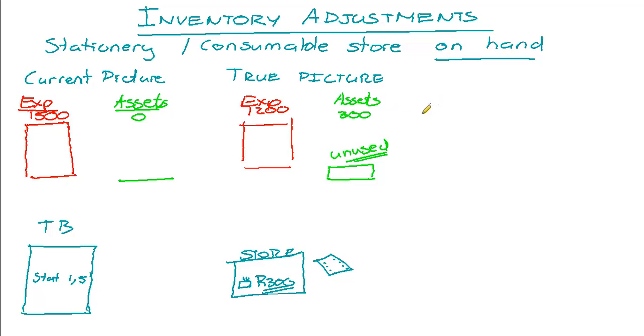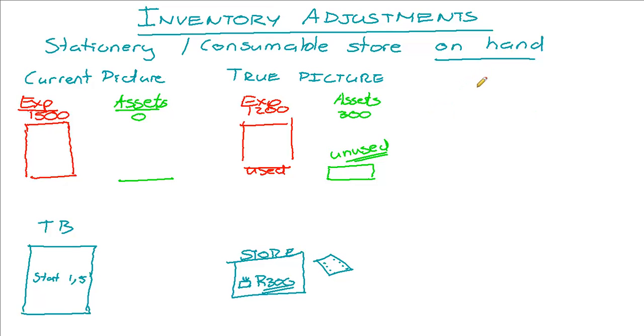So the shortcut here is, if it's used, it needs to be an expense. If it's unused, it needs to be an asset. And that's pretty much like that for all of my assets and expenses. So in this case, to get from the 1,500 expense to the 1,200, I need to reduce my expense.